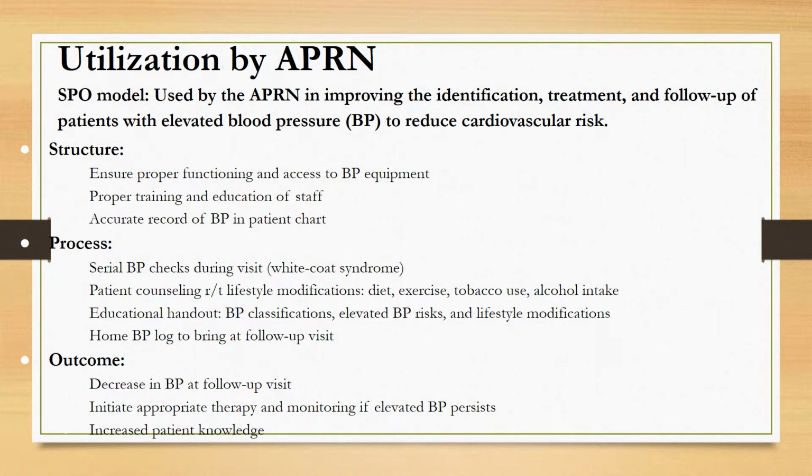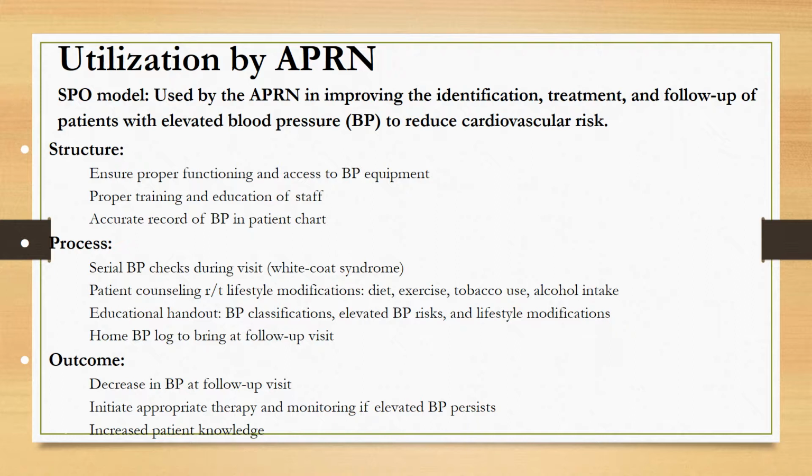Cardiovascular disease is a leading cause of death in the United States, and guidelines aimed at reducing this risk by targeting individuals with prehypertension have been in effect. The advanced practice nurse can utilize this information to create a quality initiative using the structure, process, outcomes model that focuses on improving the identification, treatment, and follow-up of patients with elevated blood pressure to reduce cardiovascular risk.